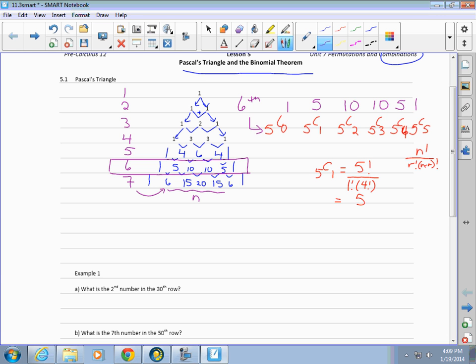So my 5 choose 0 there, this was the number in front, my n is 1 less than the row number. And my r then is 1 less than the term we want to find.